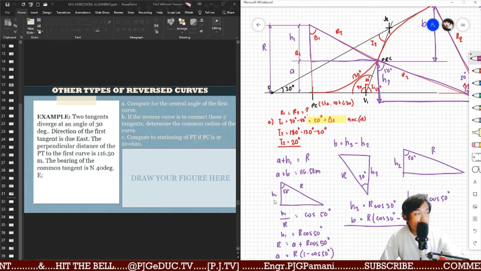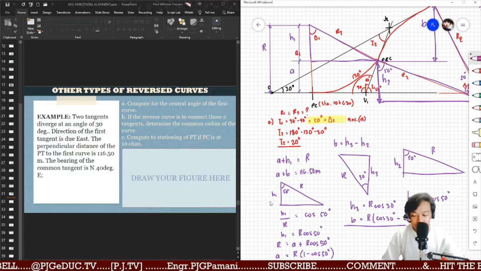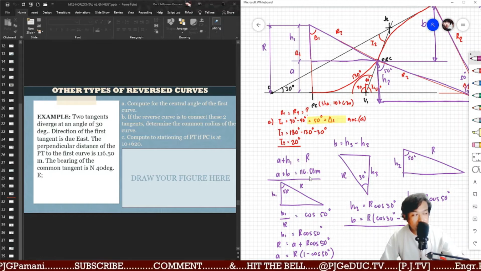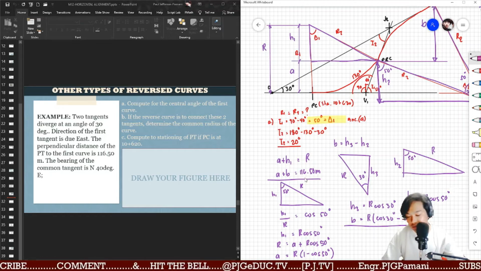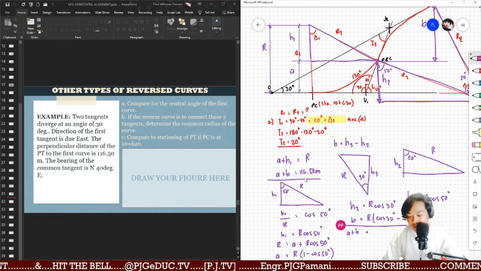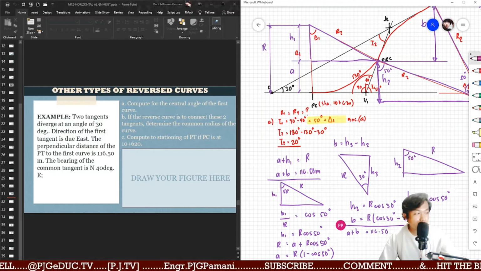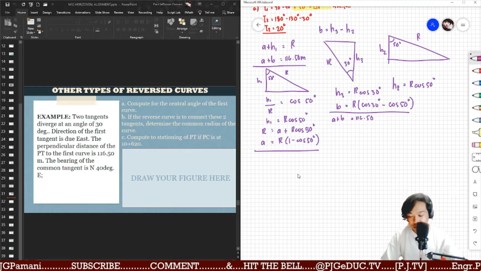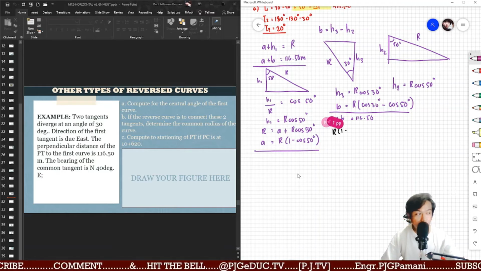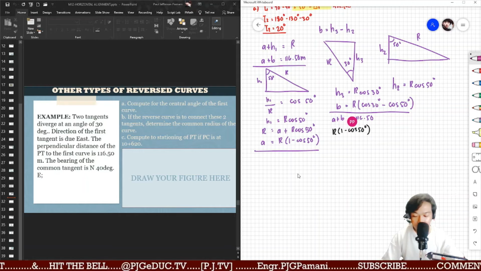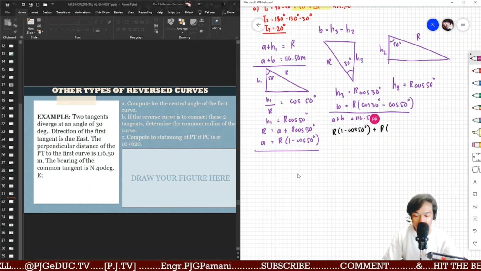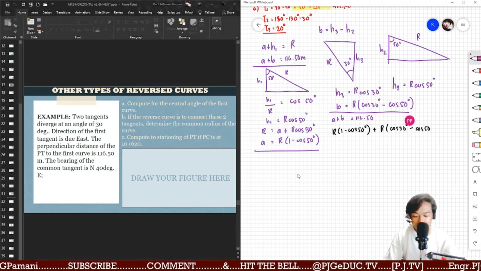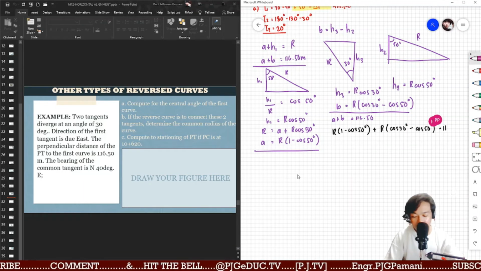Thus, A plus B is the distance of the first tangent with the next tangent, or with the previous back tangent of 116.50 meters. So substituting A plus B equal to 116.50 with the known derived equation for A and B. That is A of R times 1 minus cosine 50 degrees plus B of R times cosine 30 degrees minus cosine 50 degrees equal to 116.50.